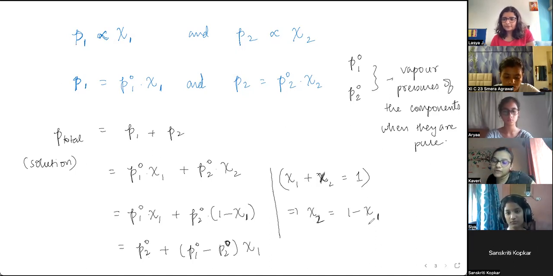And the P naught values will always stay the same, right? Always, meaning for a given temperature, like water at 35 degrees Celsius, its vapor pressure will always be the same if you have pure water.